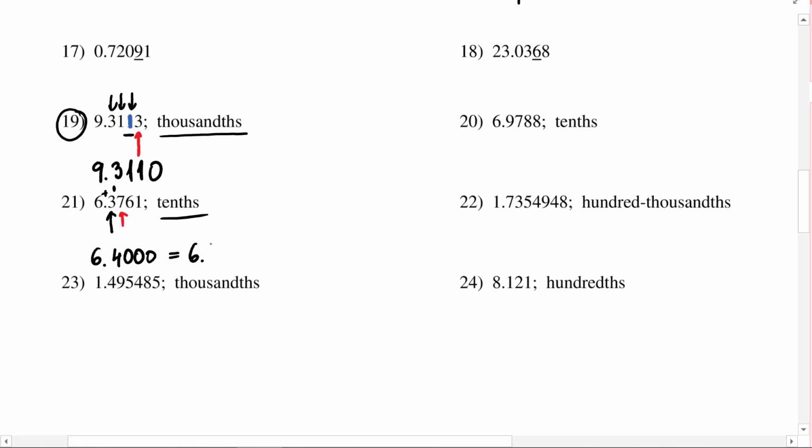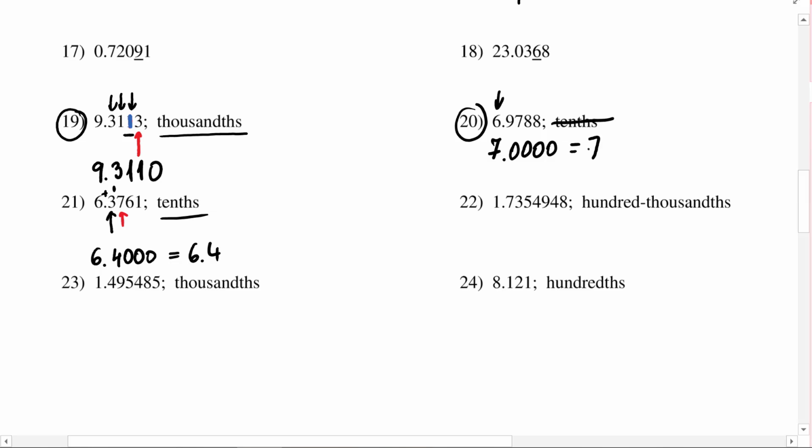And in our class, it's going to be rounded to the nearest whole number. For example, if I ignore this in problem 20 and I say round this to the nearest whole number, this would be 7.0000, or just equal to 7.